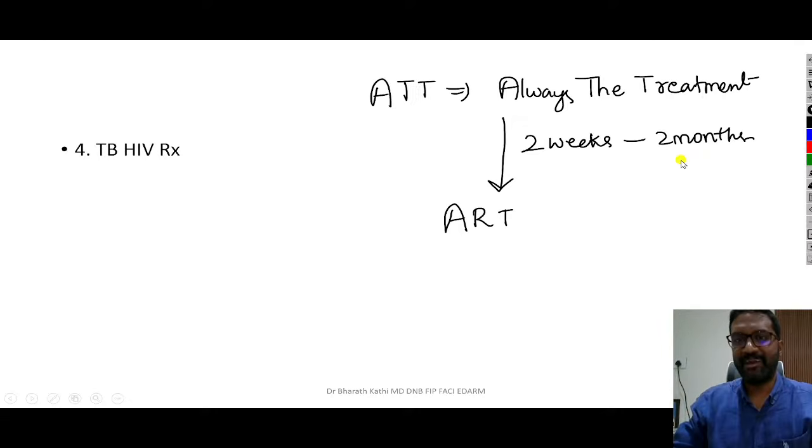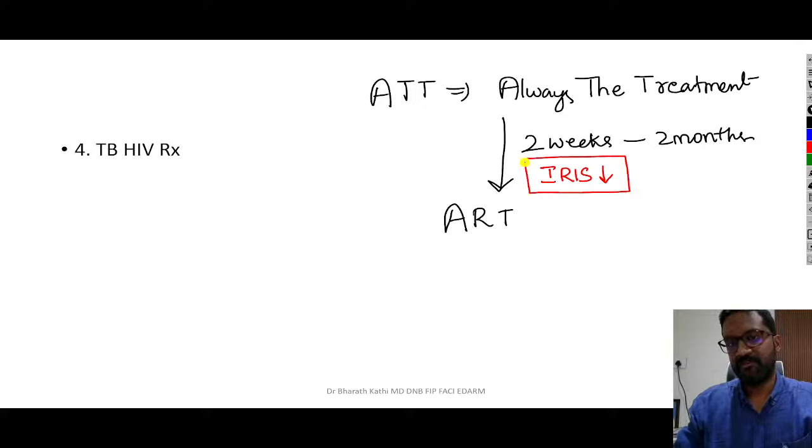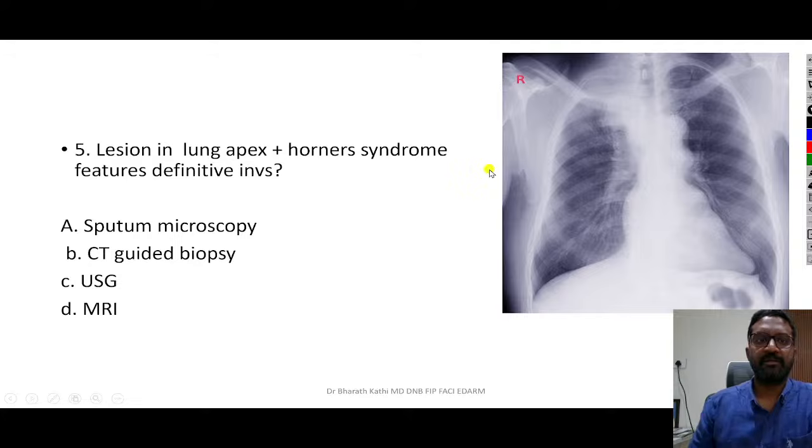If at all an IRIS develops, it will be very, very dangerous. So to reduce the chances of immune reconstitution inflammatory syndrome, we make sure first ATT is started. Within 2 weeks to 2 months, we give ART. The 2 weeks, 2 months in the sense, it can be 8 weeks. Yes, always the treatment. ATT is not just anti-tubercular treatment, it is always the treatment.